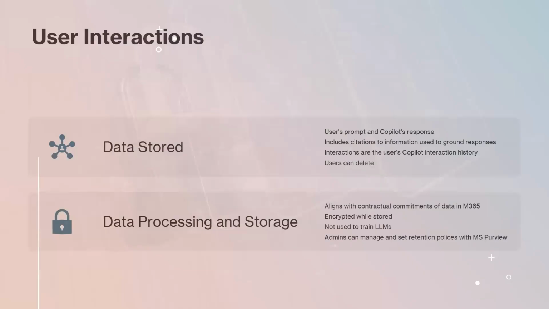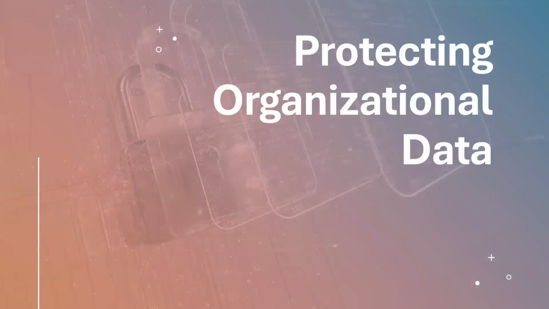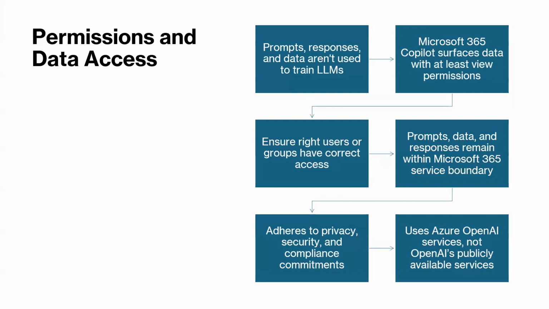So that leads us right into how does Microsoft protect it? Microsoft 365 Copilot ensures that the data and the prompts and everything are all under that umbrella, if you will, of Microsoft 365.